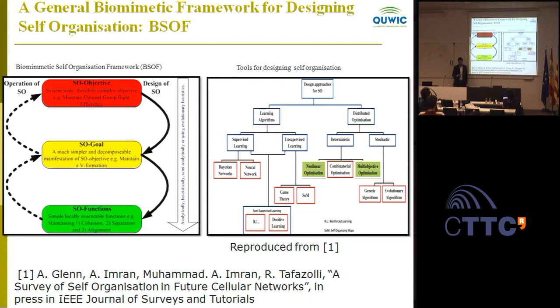You can call it functions. So SO function, SO goal, and SO objective, and nature helped them to transform the objective function into SO goal and SO goal into SO function. But nature won't help us here, so we need to have our traditional tools which we rely on.